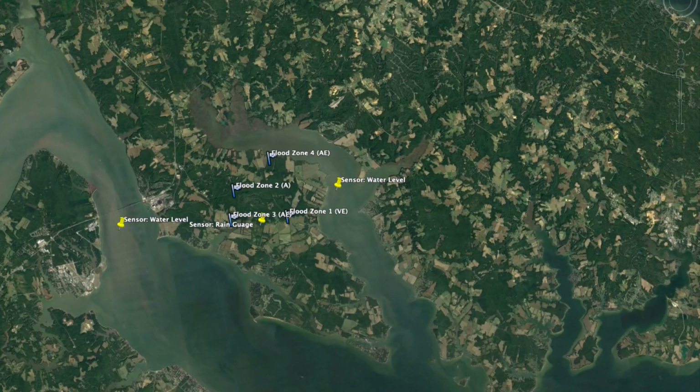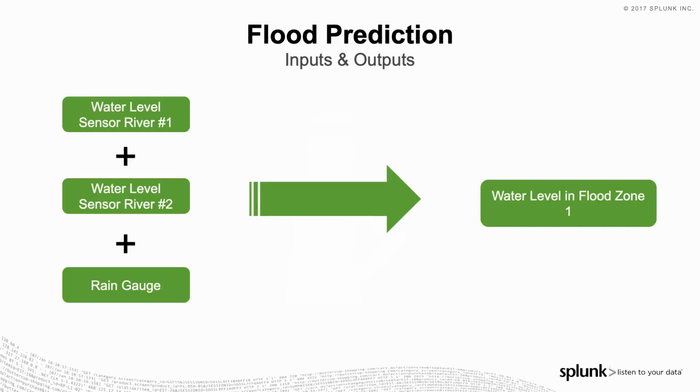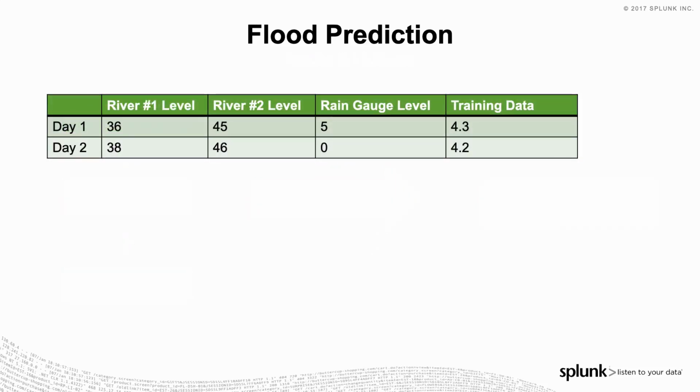Well, we can use predictive analytics to help Joan solve her problem. Her inputs are her 3 IoT sensors, and she wants to predict what water levels would be in each of the flood zones. So the first thing that she'll need is training data. So Joan will need to go and collect water levels in each of the flood zones manually for a couple days.